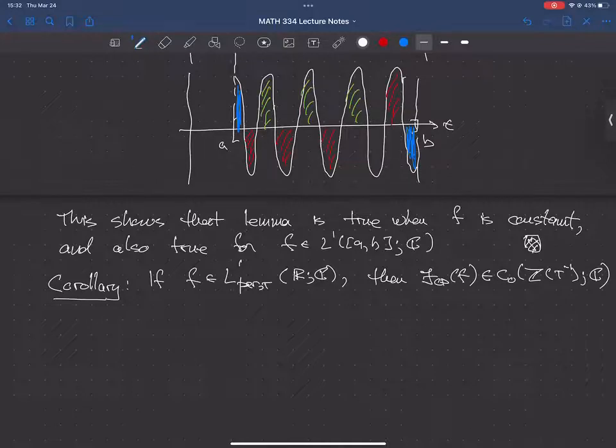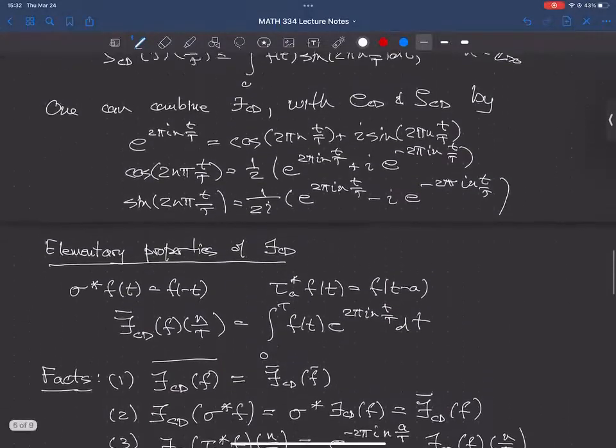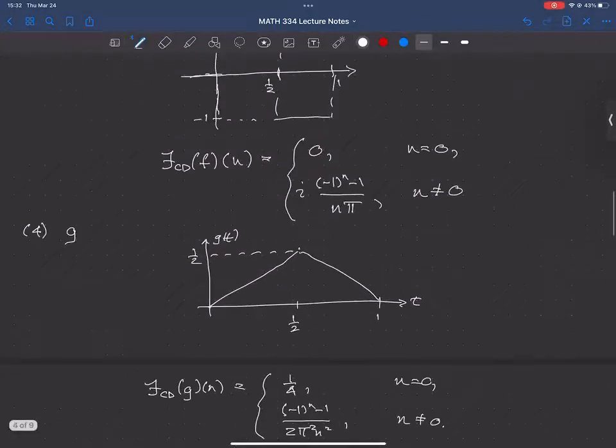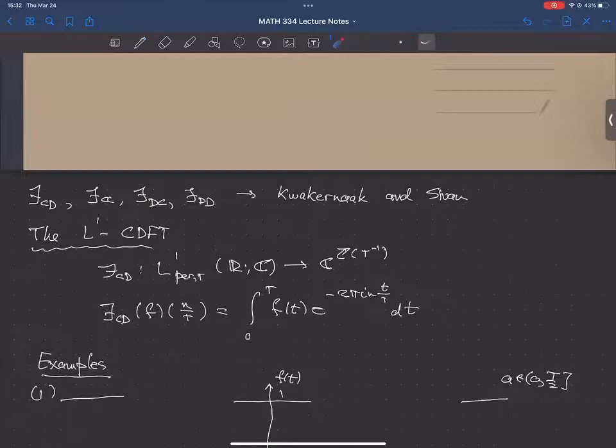So this is nice. Before, all we were able to say is that it is some discrete frequency signal sampled on the discrete frequency domain with sampling interval 1 over t.